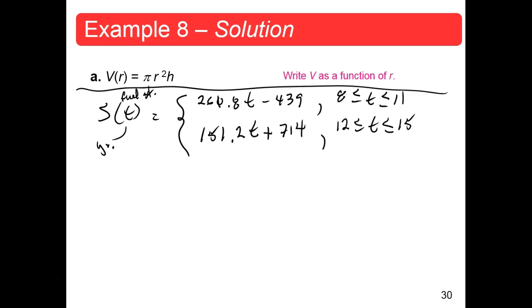2010. Okay? Now what you ask yourself first, where are you, Waldo? You're at the top because 10 is in between 8 and 11. Okay? So we use this one. So you plug in, do you plug in 2010? No, you plug in 10. I can almost do that in my head. 260.8, let's multiply that by 10, minus 439.